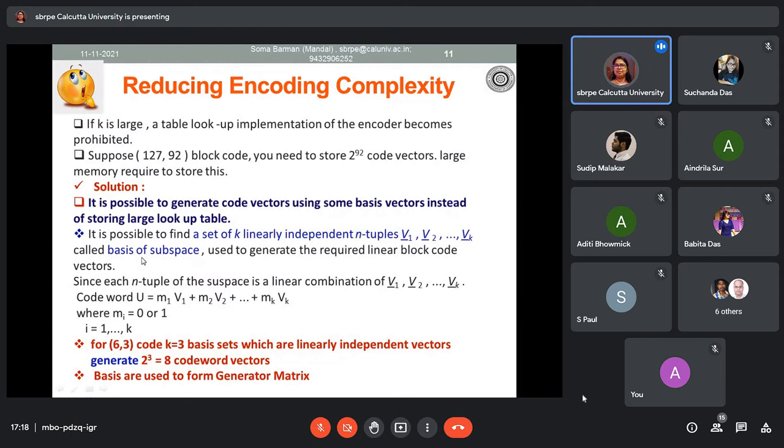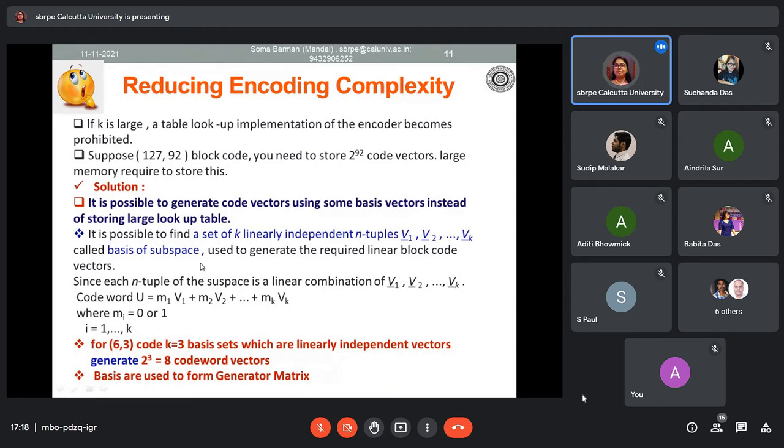Now, it is possible to find a set of k linearly independent n-tuples v1, v2 up to vk as the basis of the subspace. So, how many n-tuples are there? There are n-tuples v1, v2 up to vn, but your message vector is k.